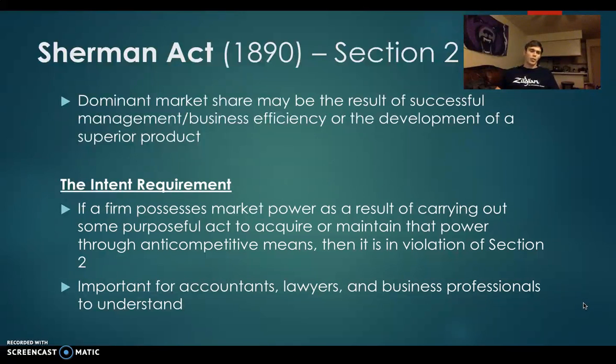That way, if you go off to start your own business, or you find yourself managing a business that has a monopolistic position, just keep in mind that you're not necessarily in violation of antitrust laws unless you actually engage in unfair business practices.